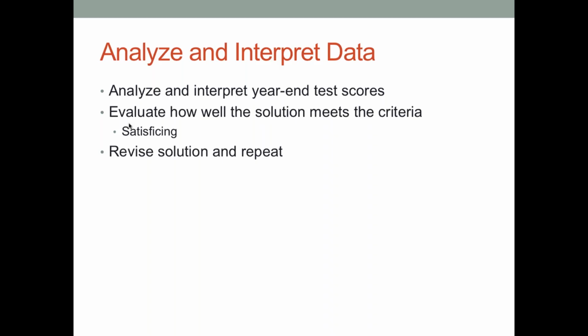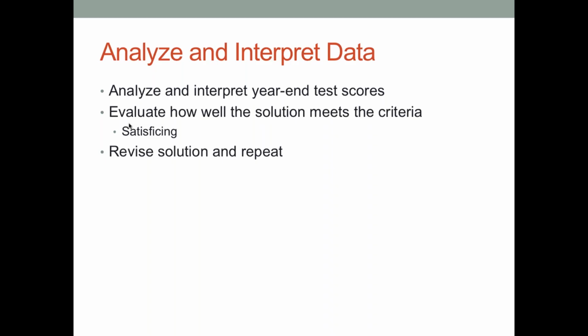It basically means that no solution is going to be perfect. No solution is going to meet all the criteria and fit within the constraints and the resources that are provided. So you're not looking to come up with a perfect solution.